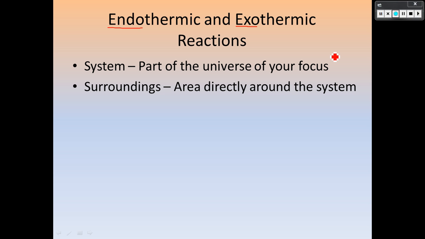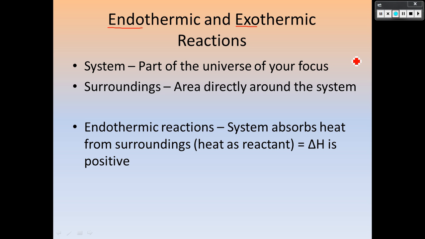These are pretty basic terms to understand. The system's what you're focusing on. The surroundings are the area around your system. But we need them in order to understand everything we're talking about with endothermic and exothermic reactions. So endothermic reactions are reactions in which the system absorbs heat from the surroundings. And you can think of that as heat is a reactant.